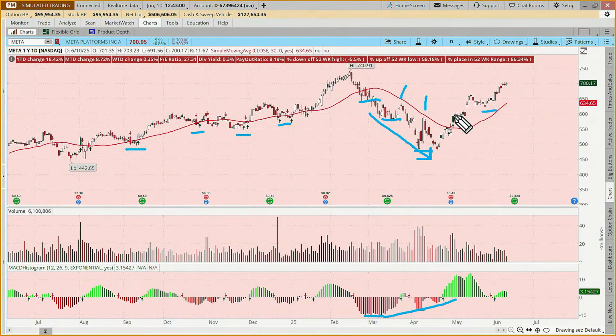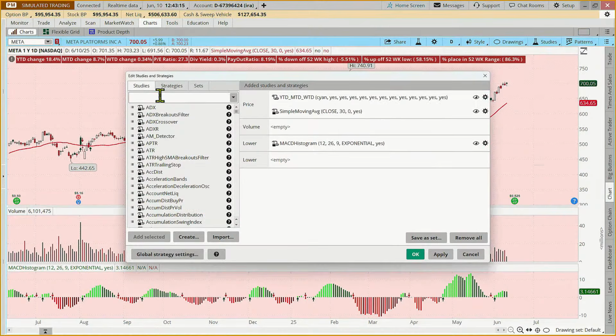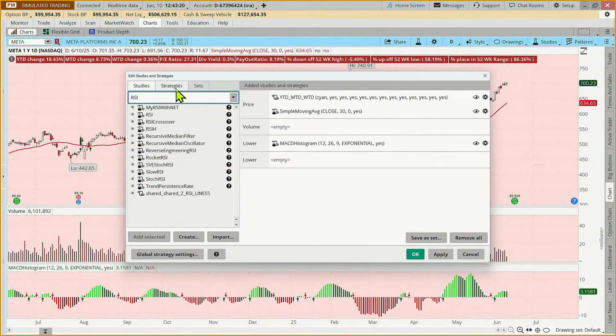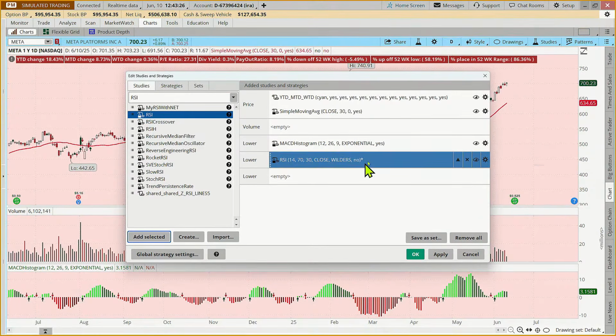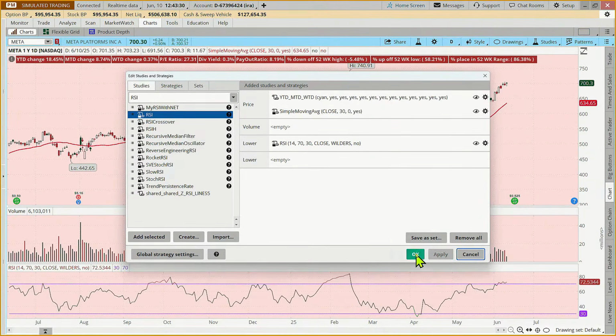Okay. And then just quickly, because we're almost out of time, RSI is another tool that a lot of traders use. It's a popular tool, relative strength. If you just key in RSI and add it, and then we'll get rid of our MACD just to keep our chart simple.